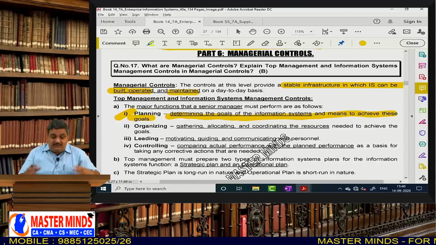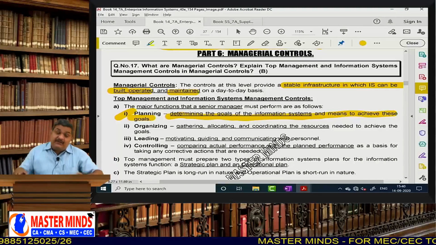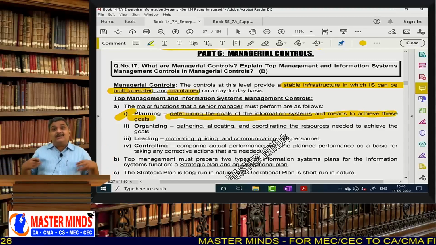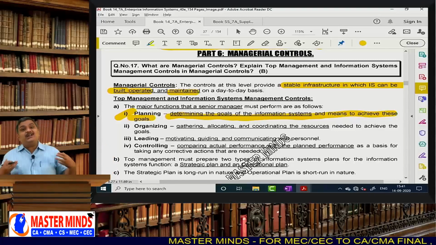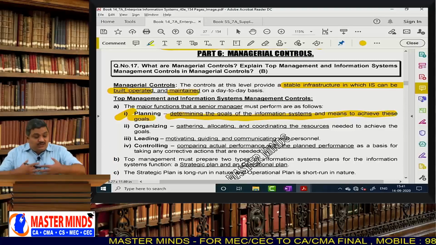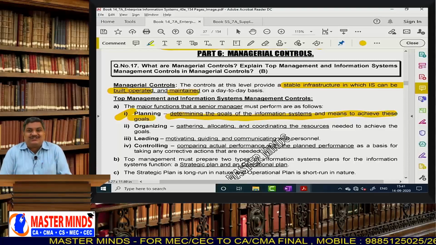Then they will find out the deficiency. What is the deficiency? Even though we are using computers for every purpose, we could not get the data, we could not get the information for our decision making. So we want some good reports. We want business intelligence.